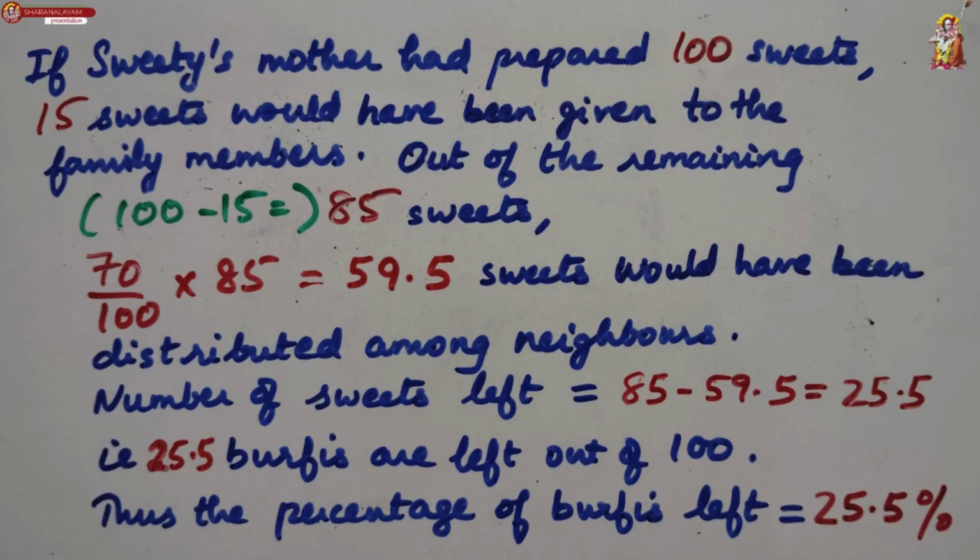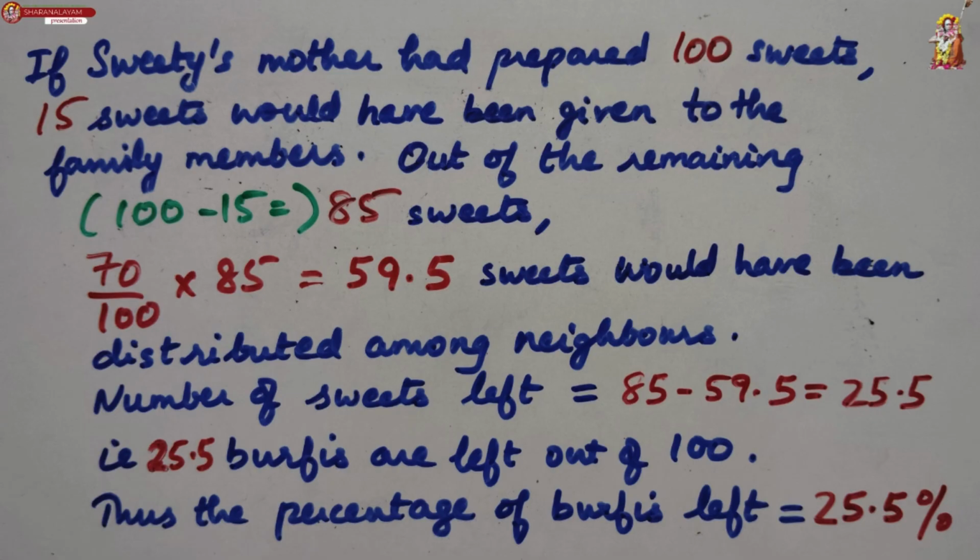And 70% of those 85 sweets comes to 59.5. So 59.5 sweets would have been distributed among neighbors. Therefore, the number of sweets left would be 85 minus 59.5, which is equal to 25.5. That is 25.5 burfis are left out of 100.